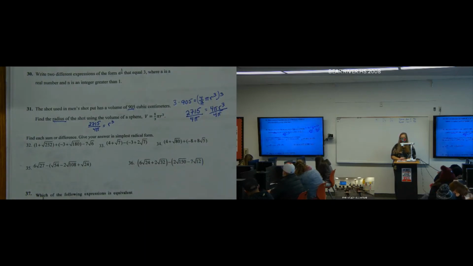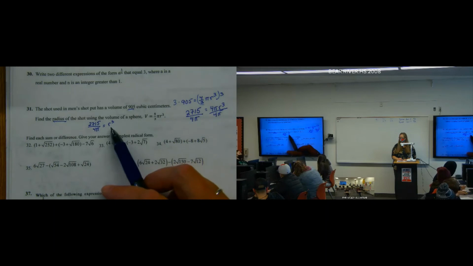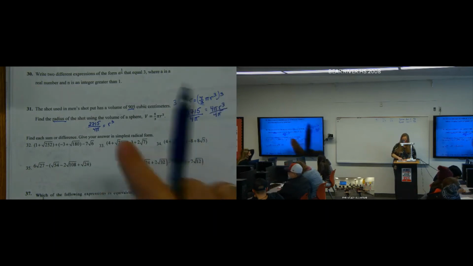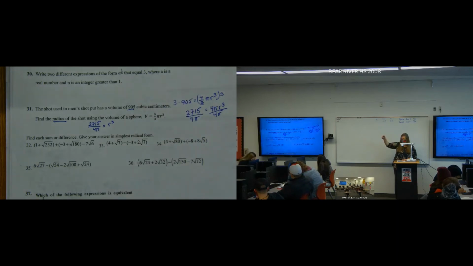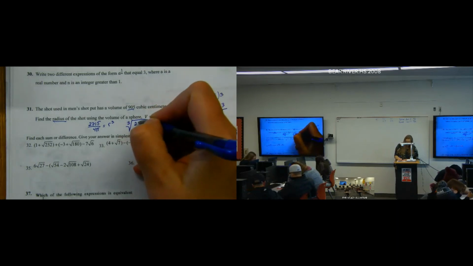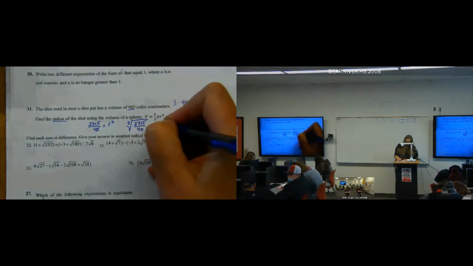How do I get rid of a cube? How did I get rid of a square? If it was a square, what did I do? If it was a square, I take the square root. So if it's a cube, I'm going to take the cube root. Good. So my answer is the cube root of 2715 over 4 pi is equal to r.